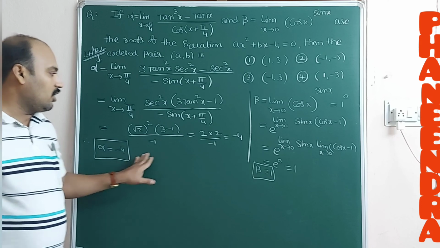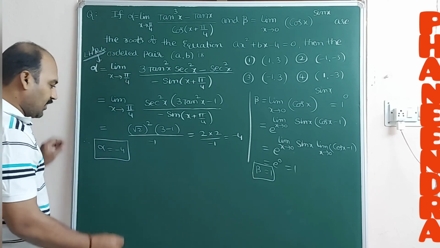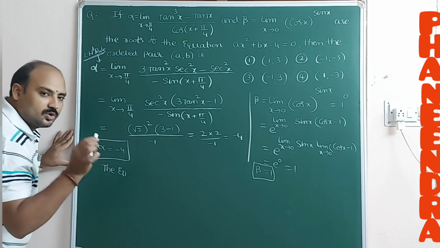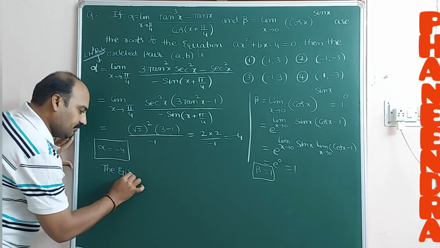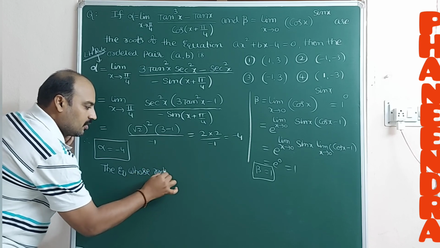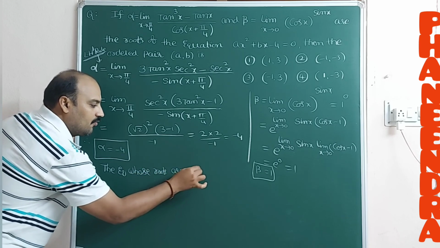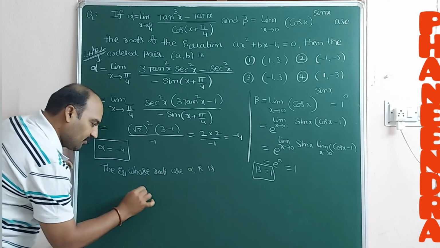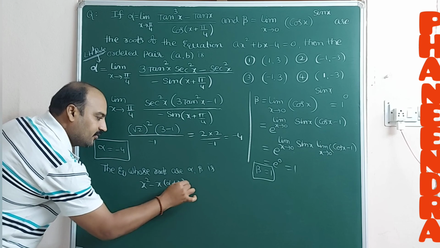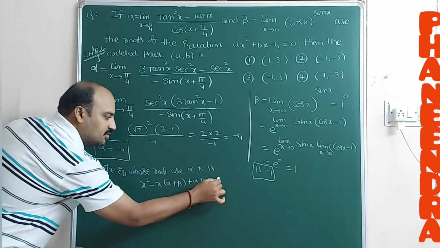So we got the alpha value and the beta value. The equation whose roots are alpha comma beta is x square minus x into alpha plus beta plus alpha beta equal to 0.